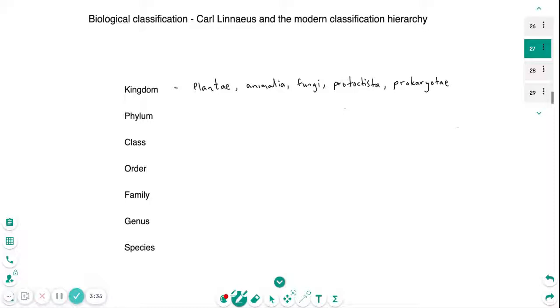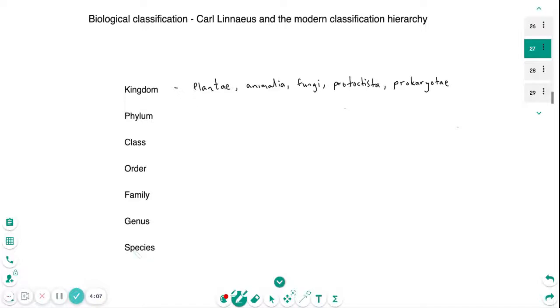And then if you want to be more specific, a subdivision of a phylum is the class. So the group's getting more specific. What could the different classes of the vertebrates be? Well, you probably remember things like fish, mammals, reptiles, birds. A subdivision of class is the order, then family is a subdivision of order, genus is a subdivision of family, and when we get down to the very bottom, we are at one particular organism.